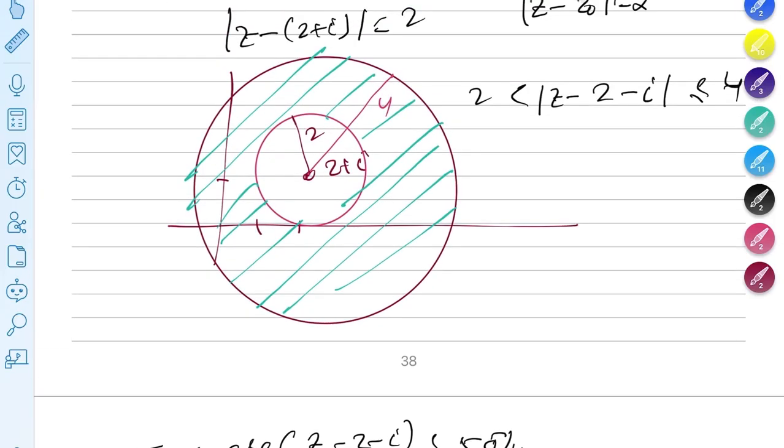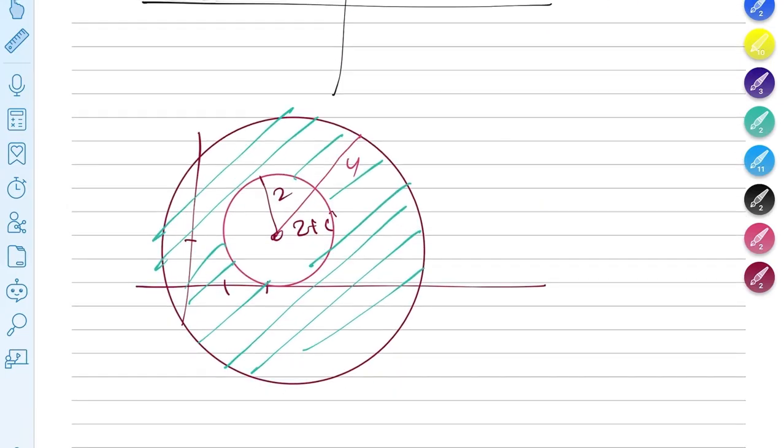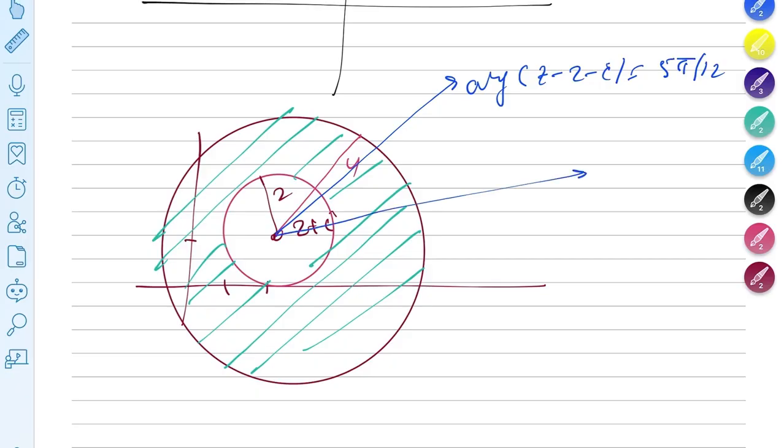If we combine both conditions together, I will get the region originating from here. This ray represents the argument of z minus 2 minus i equal to 5 pi by 12, and the other represents the argument equal to pi by 12. This is our required region, and we have to find its area.